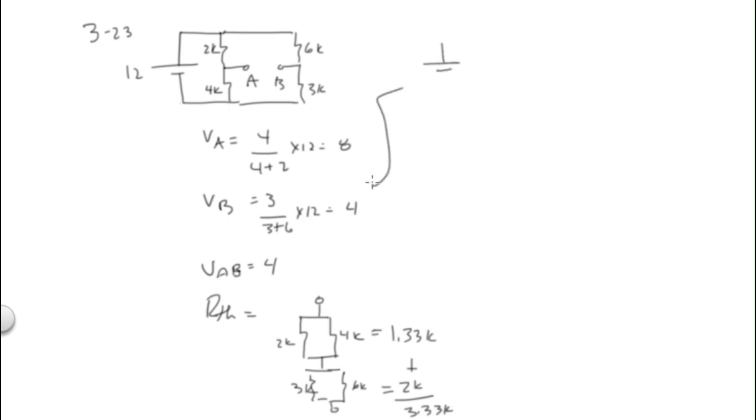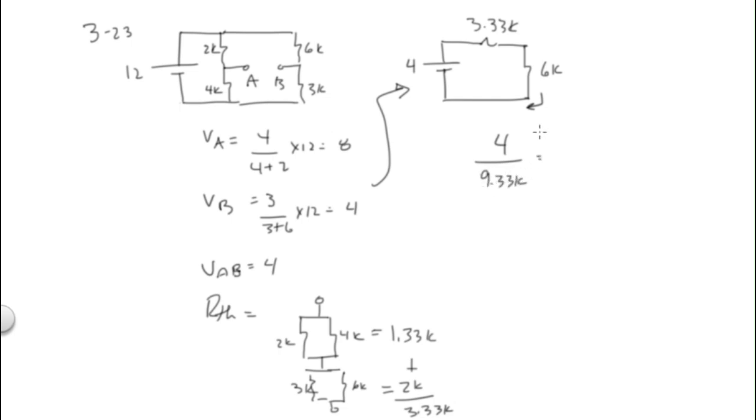So now I come up here and rebuild my circuit. I've got 4 volts, and I've got R Thevenin of 3.33K. And then I attach my 6K. Now I ask, what's the current through it? Well, it better be 4 divided by 9.33K.